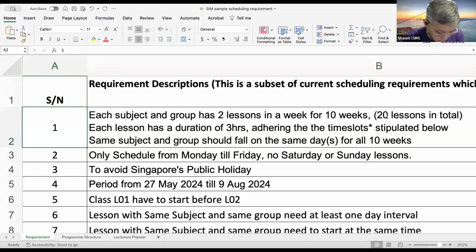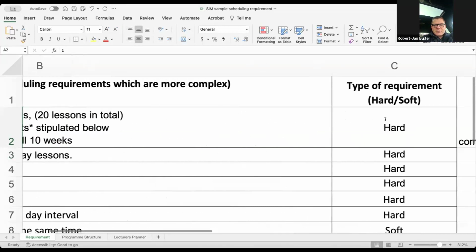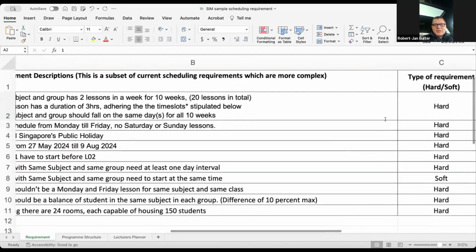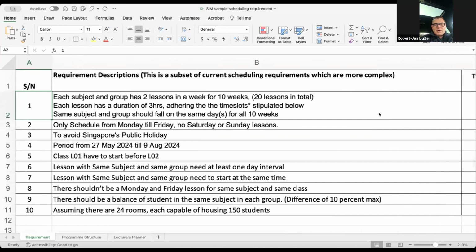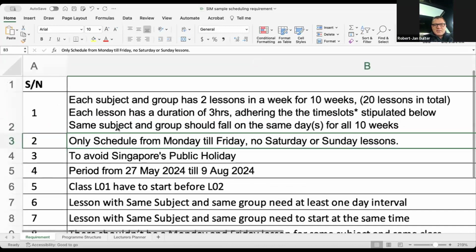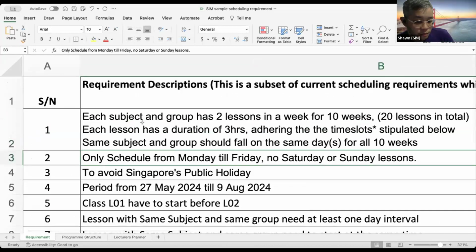Well, it's all about the data collection here, and this is straightforward for us to collect, and then the scheduling. We work with some hard constraints. What I see here, for example, number 2, only Monday to Friday lessons. That's a hard constraint.